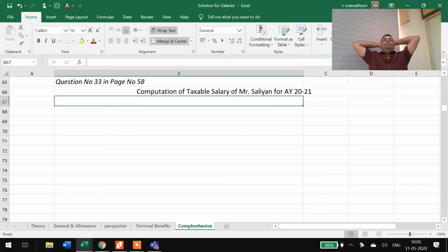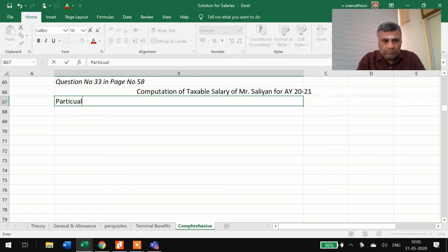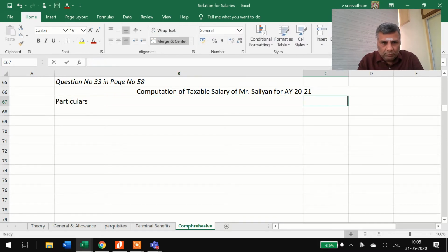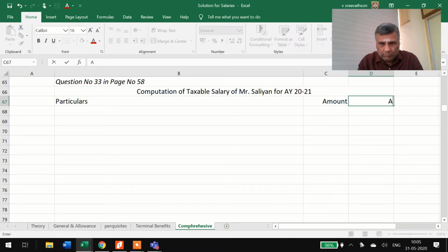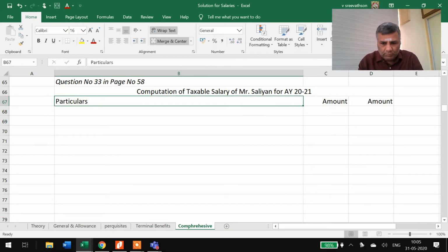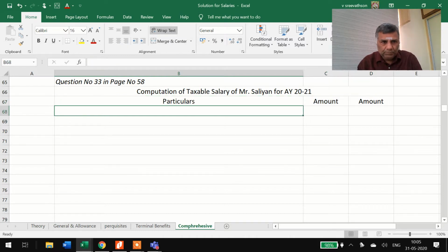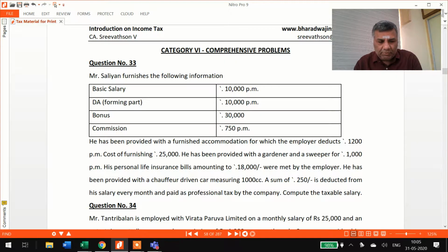Computation of taxable salary for the financial year 2019-20 or assessment year 2020-21. I start, my dear friends.